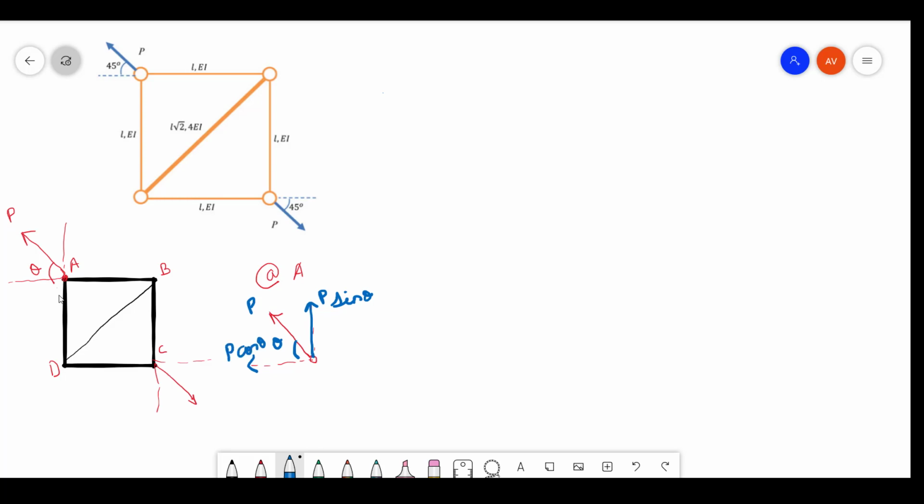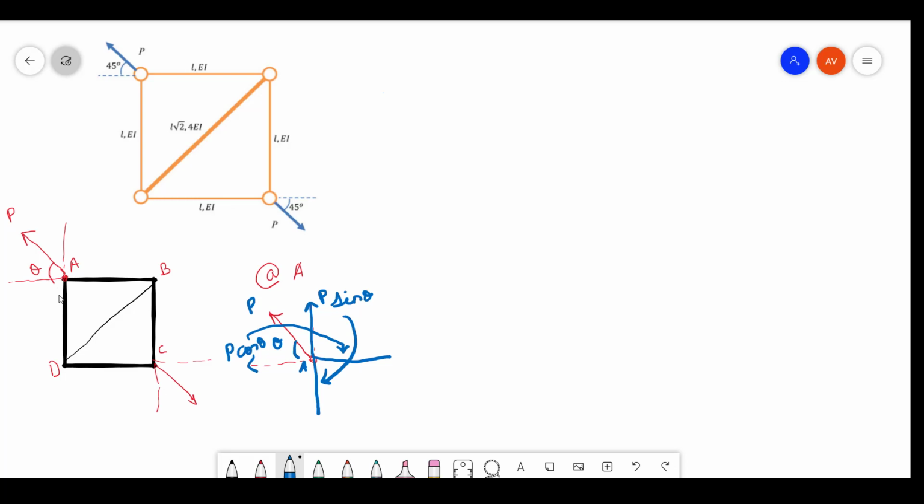P sine theta is acting along this member, while P cos theta is acting along this one.